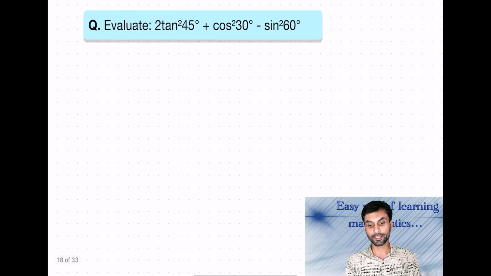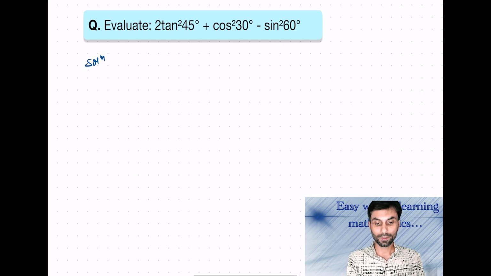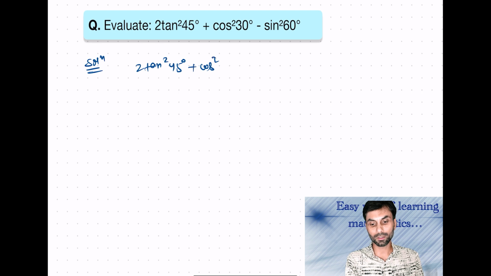Next question is, evaluate the value of 2 tan square 45 degree plus cos square 30 degree minus sine square 60 degree. It will be 2 tan square 45 degree. We know tan 45 is 1, so this will be 1 square plus cos square 30 degree.